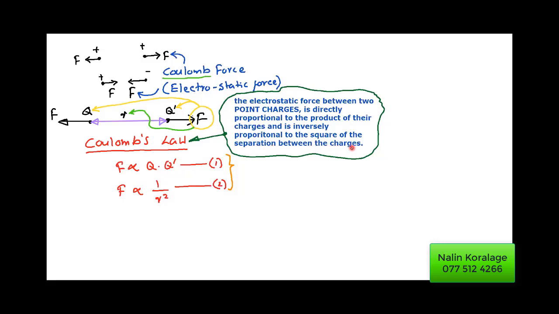This is not just the separation, it's the separation squared. So you will be asked to state or define Coulomb's law. It should be exactly that. Fine, so now time to continue and then I finish it off.